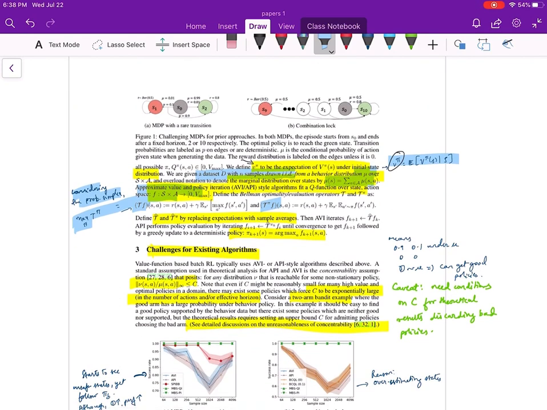You also define the hat versions of these Bellman operators, which replace expectations with sample averages. In short, AVI iterates over this T hat to get the approximate solution, and API first performs policy evaluation using T pi hat, and then you get the greedy policy according to T.